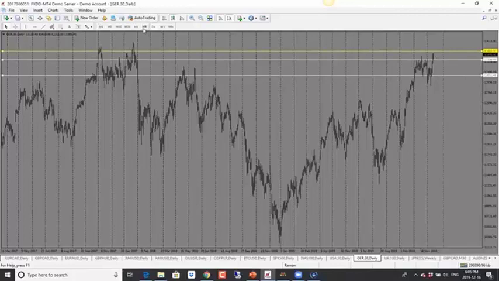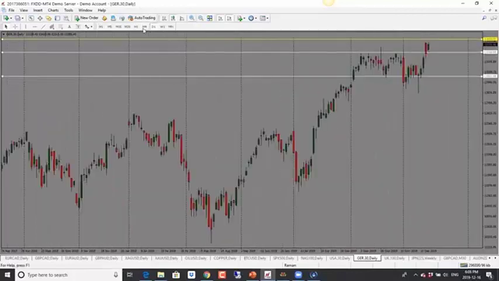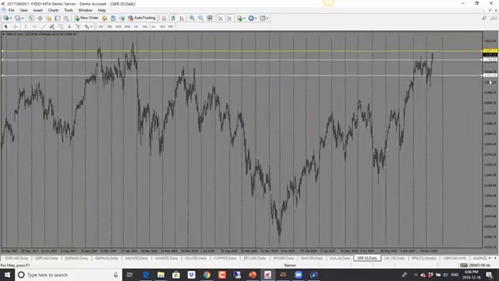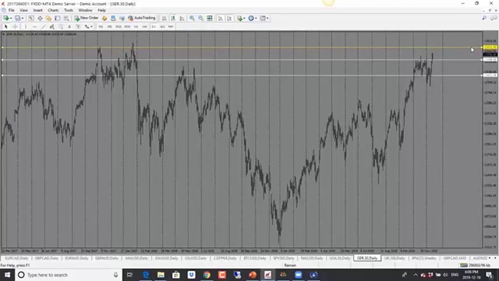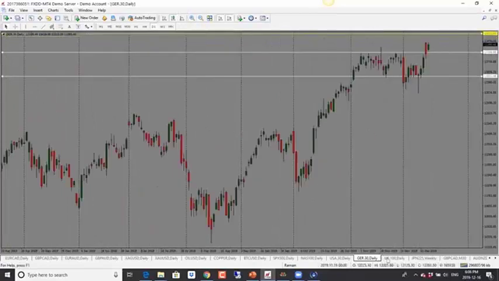So bullish bias here for DAX as well. Actually, this one could probably go higher into 13,500. So bullish bias for DAX here.